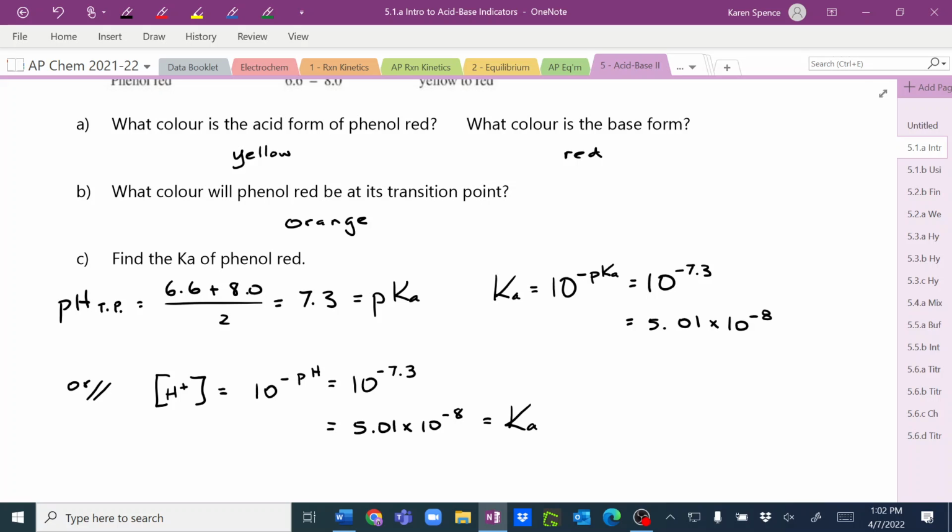You can show your work either way. How many sig figs? Should I give my answer as 5.0 times 10 to the negative 8, or should I give it as 5 times 10 to the negative 8?